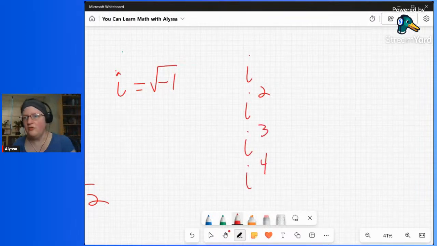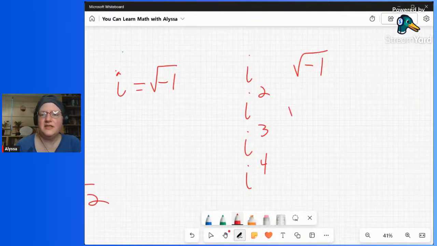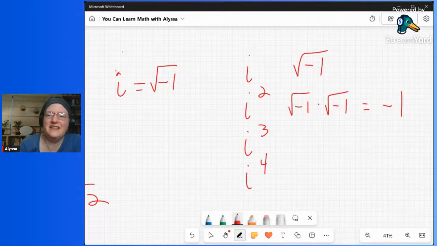It's the same thing over and over again. So it starts with square root of -1. Okay, i squared is square root of -1 times square root of -1, just -1. So yes, an imaginary number times itself is equal to a real number. Math. -1. Then we have i cubed.